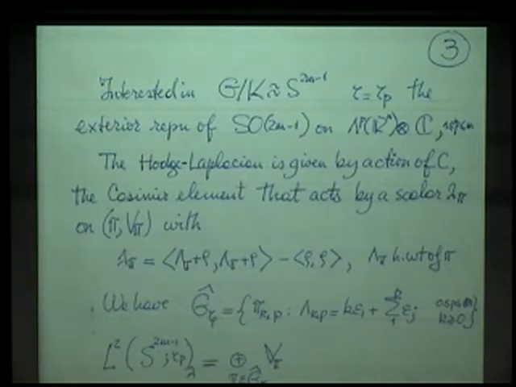You can think of it as the canonical basis in the Lie algebra of the torus. If p is 0, then we just have the trivial representation. So all representations that contain the trivial representation of K have this type of highest weight and are called spherical harmonics. And this is a sort of generalization of the spherical harmonics.